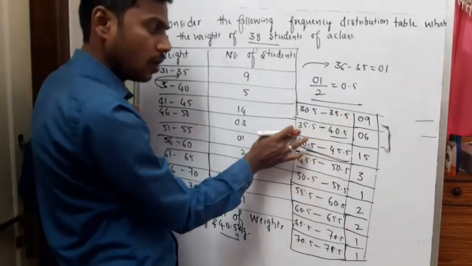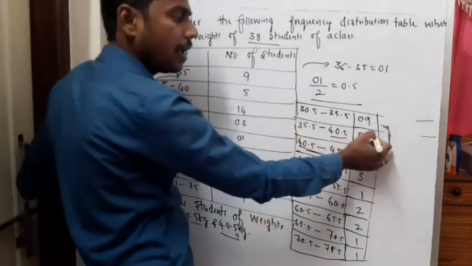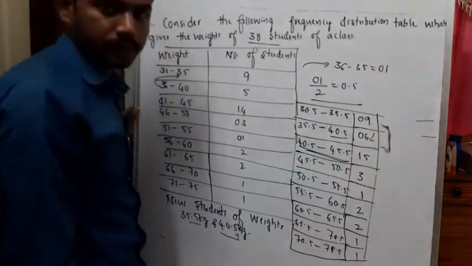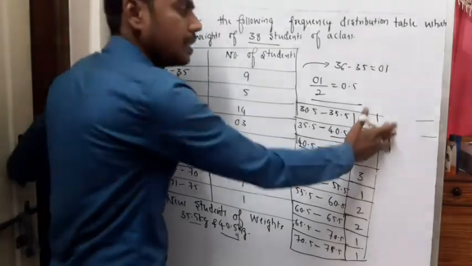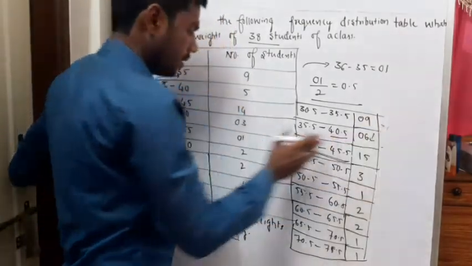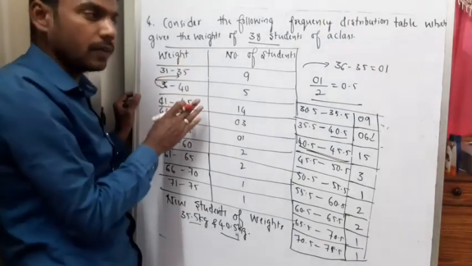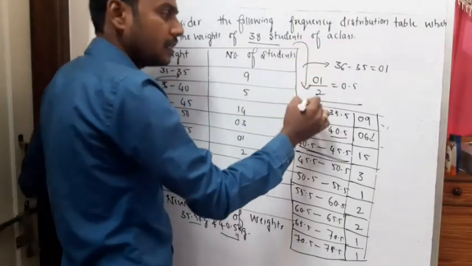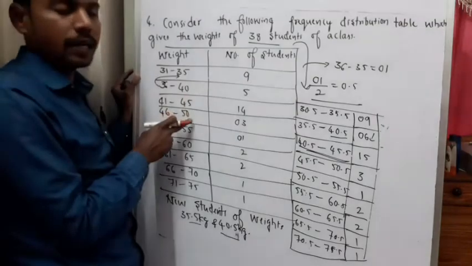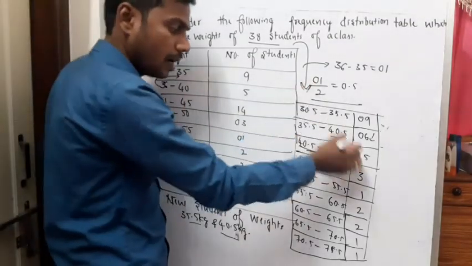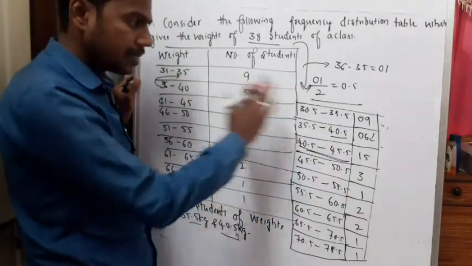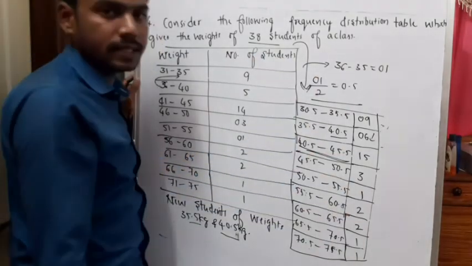Go to where the lower limit lies and increase the count by 1. Understood? This is how you convert a table of class intervals which is not continuous to a table which is continuous. Please note this down. Then we'll go to exercise 14.1.